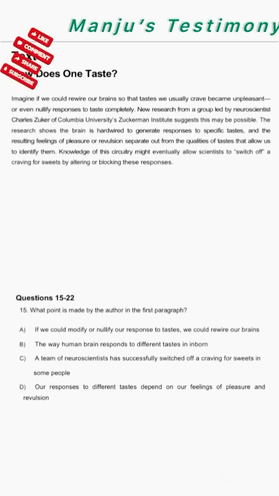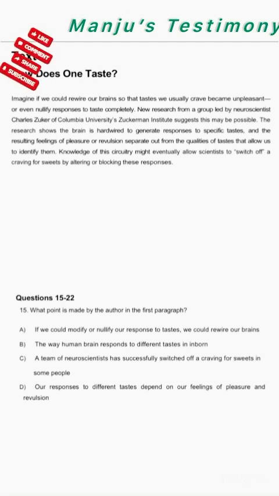Just for your understanding, I will explain the meaning. If we could rewire brain so that taste we usually crave become unpleasant or even nullify response to taste completely. It means that the author is asking us to imagine a situation where our brain would be redesigned in such a way that taste we usually crave become unpleasant. Unpleasant means the taste we usually enjoy, for example, the sweet taste. We enjoy sweet taste and we become happy, right?